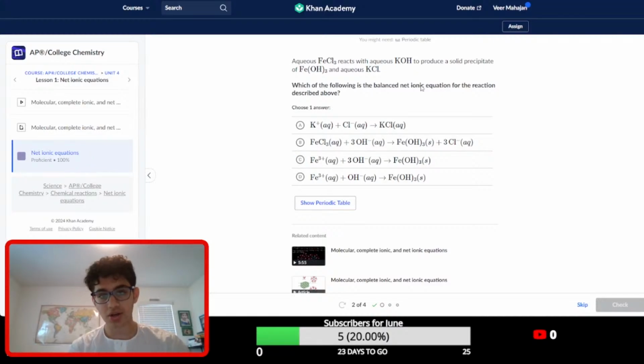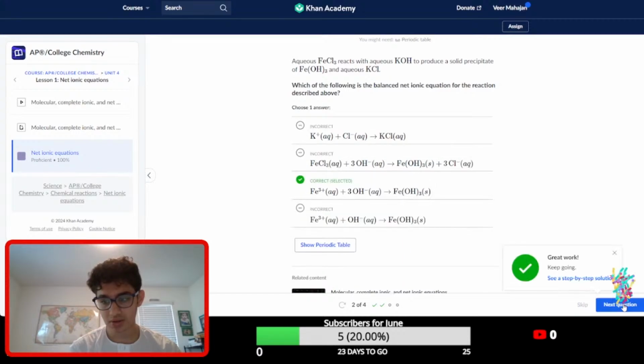So the chlorine from aqueous iron chloride will cancel with this chlorine, so we're just left with aqueous KOH. Actually, I think a lot of things will cancel out. So we'll have aqueous iron, which will be here, and then we'll have aqueous 3 OH. That should be correct, and everything else will cancel out.